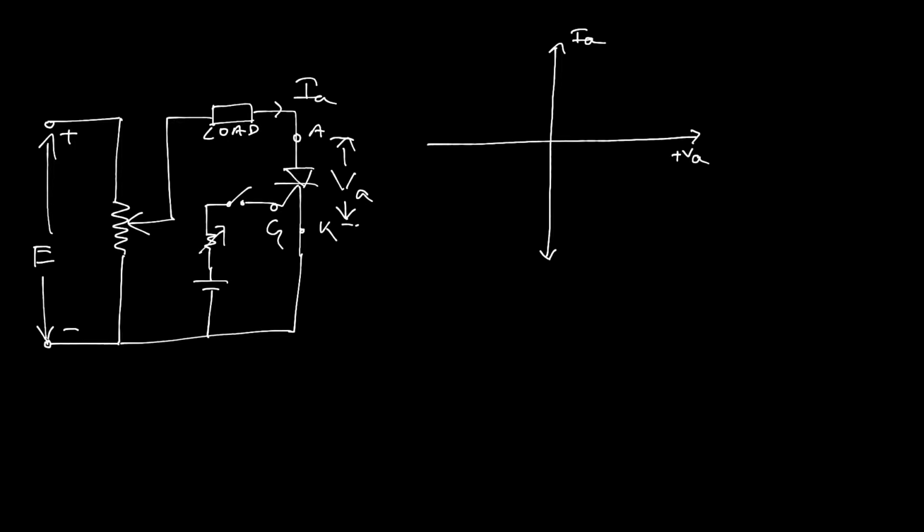So it should be minus IA and minus VA. Actually, it has three modes of operation. Number one, forward blocking mode. Number two, forward conduction mode. And number three, reverse blocking mode.